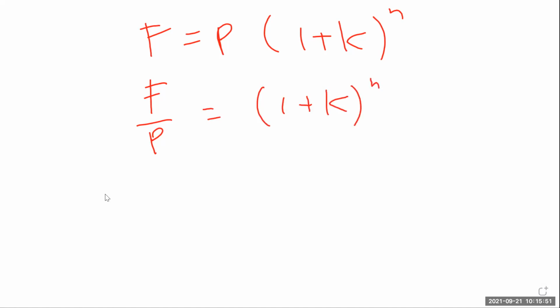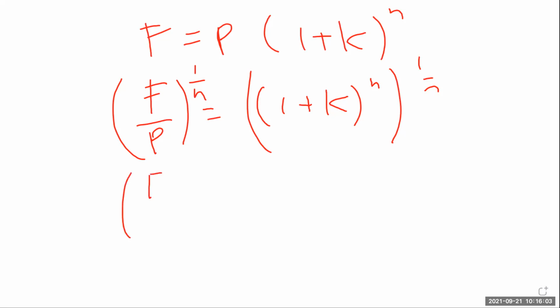Now I exponent both of them with 1 over N. What will I get? I will get F over P exponent 1 over N equal to 1 plus K.